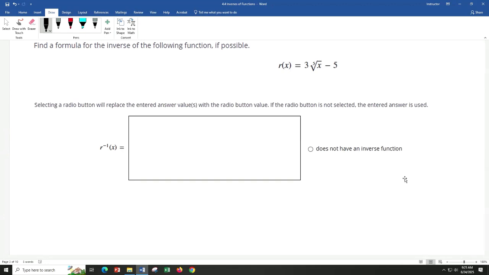Ask yourself this first though, because I see everybody jumping in real quick and doing the math. Did you draw your graph yet to see if it even has an inverse? The base function would have been what? The base, without any fluff. The fifth root of x, which looks like what? A sideways S. Yeah, it looks like this, doesn't it?